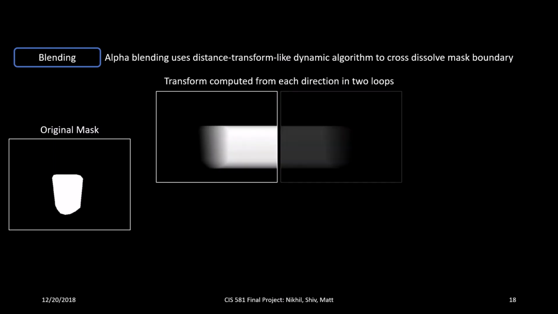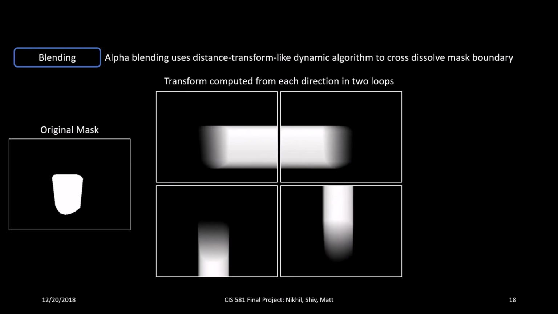We start with the original mask, and then we basically want to use a distance transform-like algorithm to generate 4 images. This is done in 2 loops, moving from left to right, and then from top to bottom. And instead of doing the simple distance transform, you're trying to generate a dissolve fraction as you go along.